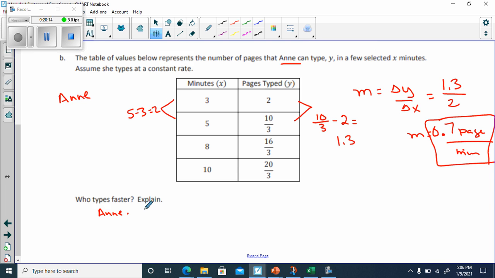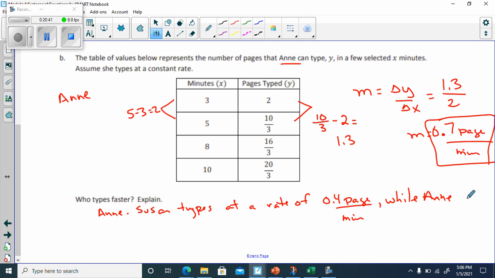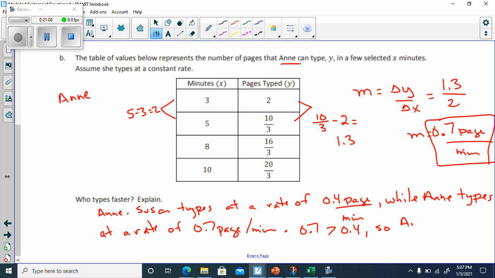Susan types at a rate of 4/10 of a page per minute, while Ann types at a rate of 7/10 of a page per minute. 0.7 is greater than 0.4, so Ann types faster.